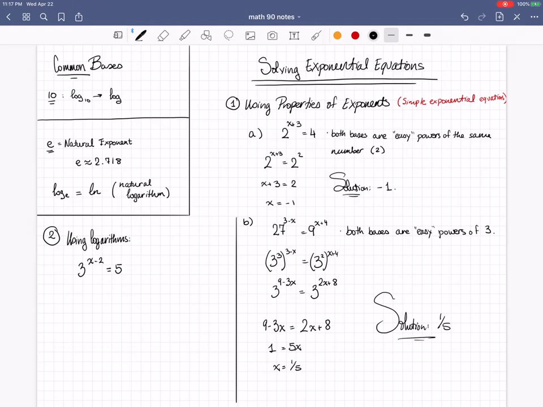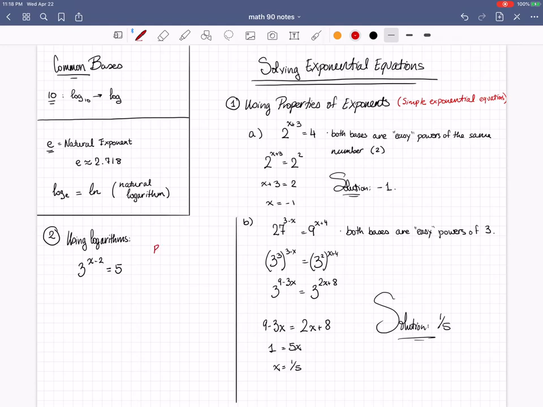And I encourage you to do that. But certainly you will agree with me that 5 and 3 are not easy powers of the same thing. They're both prime numbers. Neither one of them is really a power of anything nice except themselves. So this approach of rewriting everything to be a power of the same thing and then going from there, that's not going to work here.